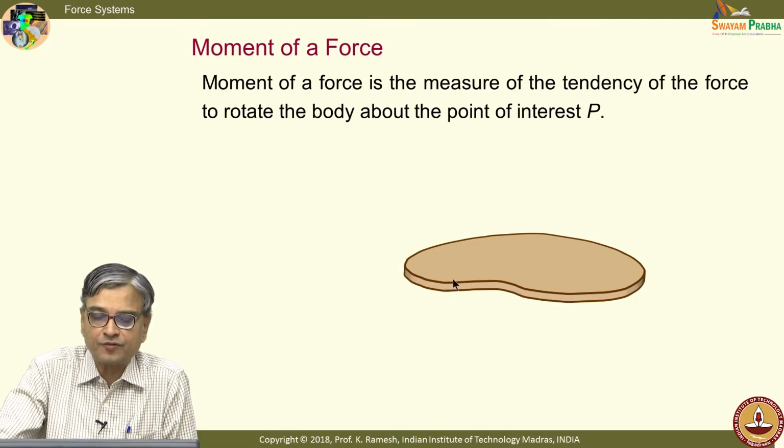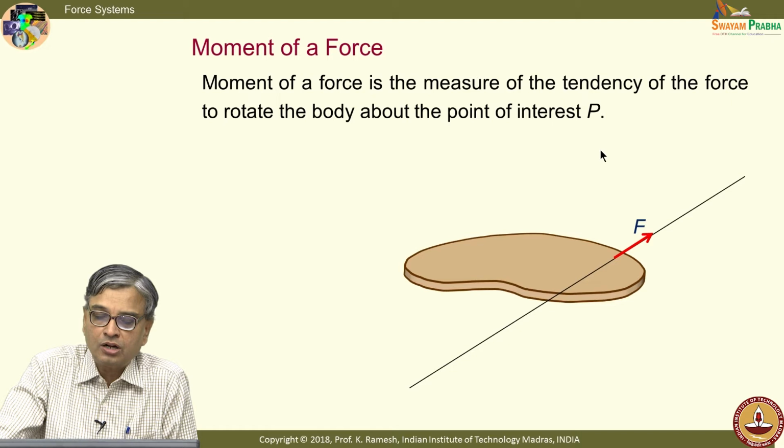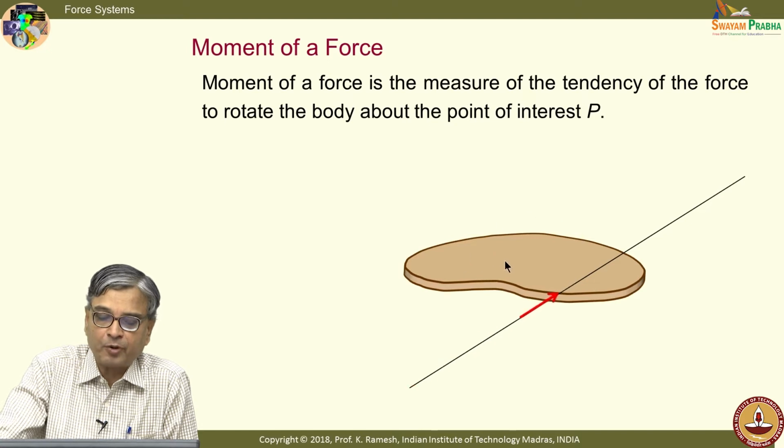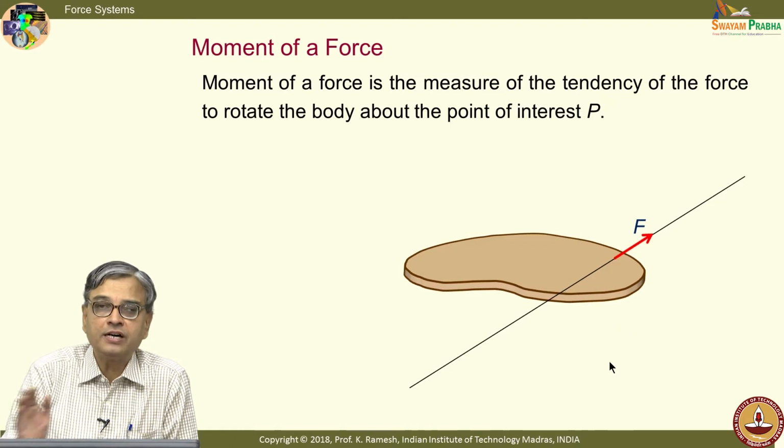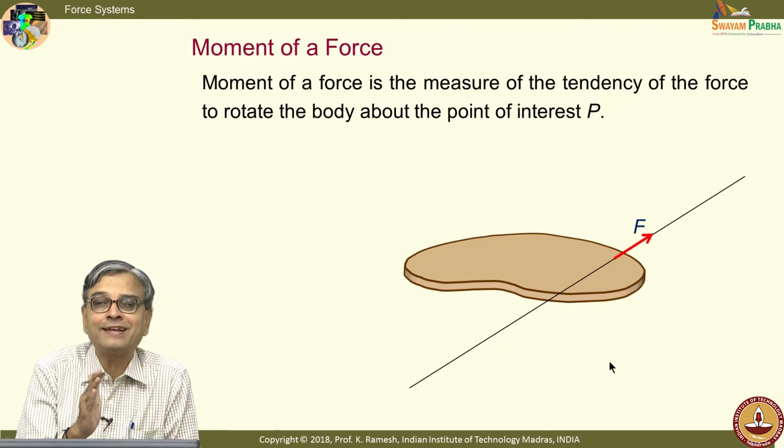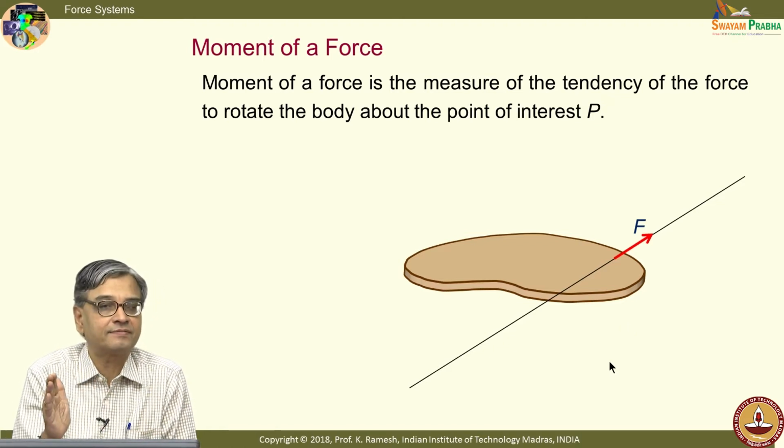Make a neat sketch of this body and let me apply a force at an arbitrary point on the body. And I would like to find out what is the moment of this force acting at an arbitrary point P. And what is shown now is, I have told you earlier, force can be treated as a sliding vector.